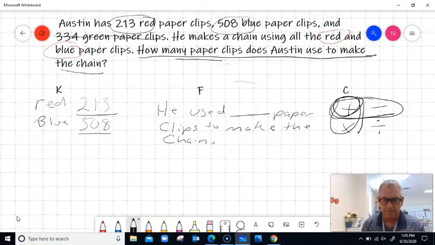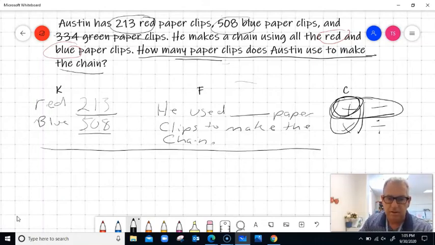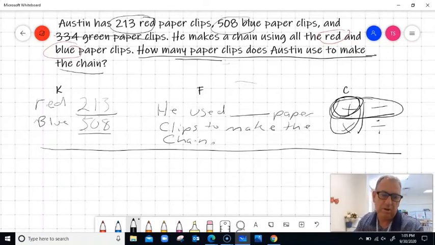It's an addition problem, and since there's the commutative property of addition, it doesn't matter the order. I could do the problem right here, right where I worked on it. But I like to do my work down here on the bottom. That way, if I'm making a model or anything, it gives me plenty of room to do my work. But I'm just going to do straight computation on this, so I'm going to do a straight addition problem. So that's 213 plus 508.